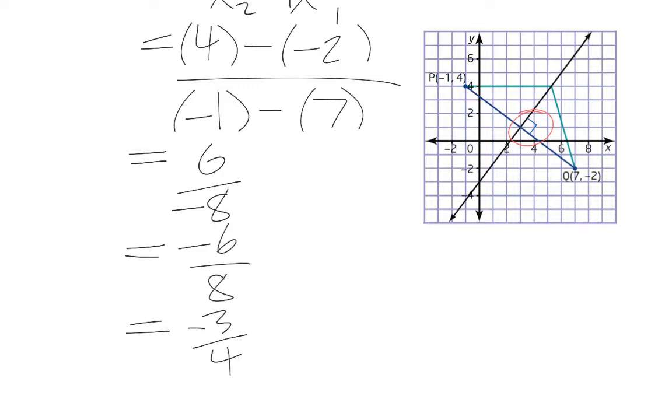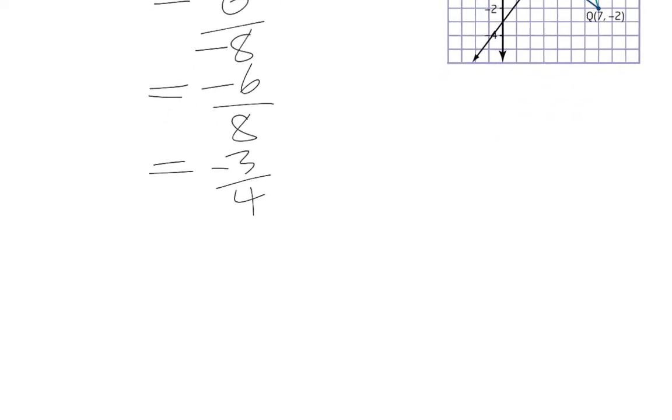Since these two lines are perpendicular, that means their slopes are negative reciprocals. Therefore, the slope of the right bisector, which I'm just going to call RB, is going to be 4 over 3, and it's going to be positive. Remember, to make a negative reciprocal, all you do is you flip the number and change its sign.